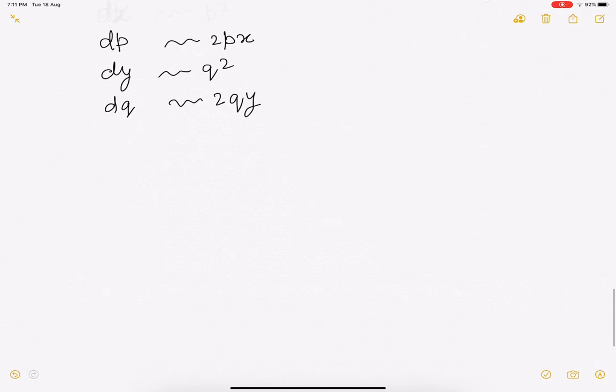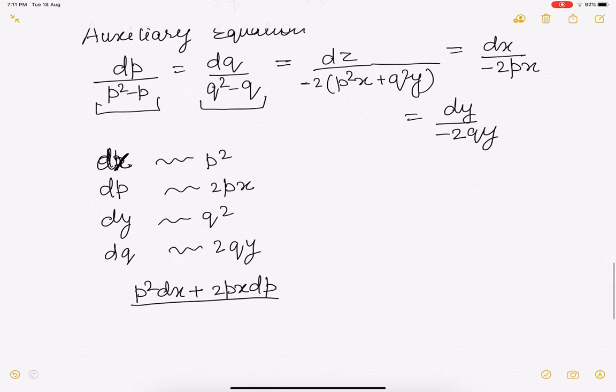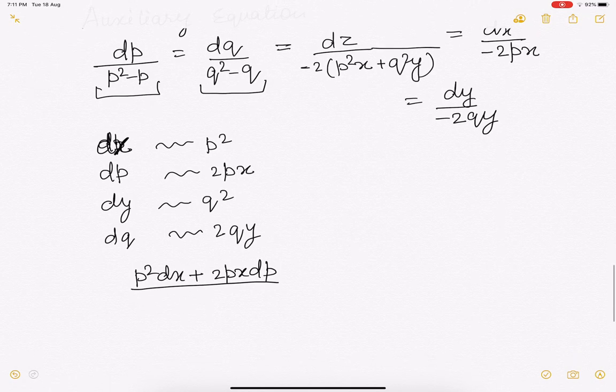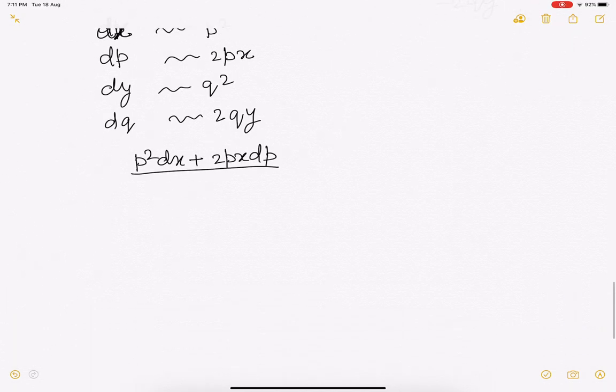So let us solve this by taking this. We have p square dx plus 2px dp upon, what is p square dx? p square dx is minus 2p cube x, minus 2p cube x.